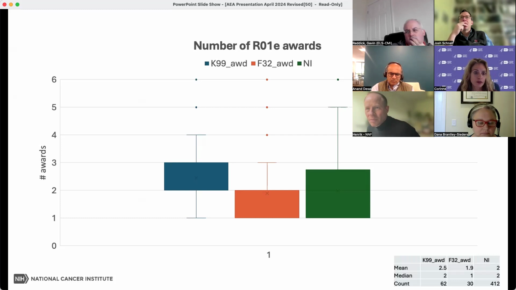So there was a little bit of a difference between the number of R01 equivalent awards for K99 and for F32 awardees versus new investigators.